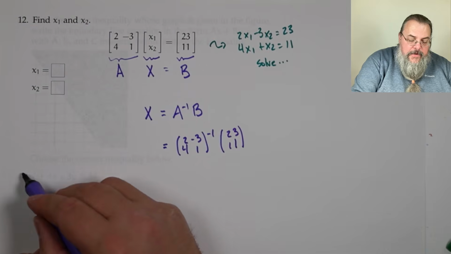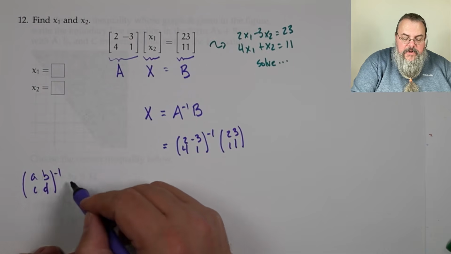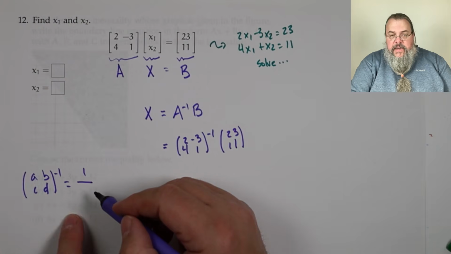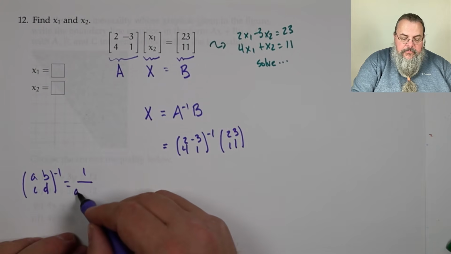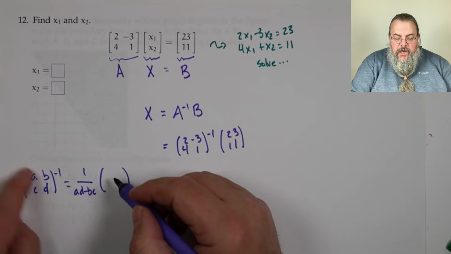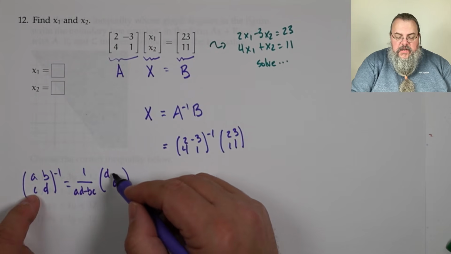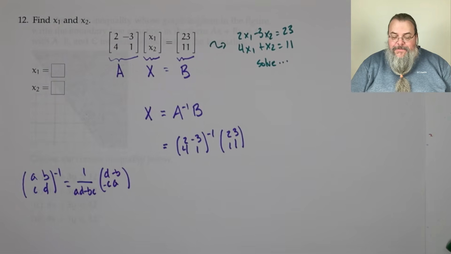If you have a 2 by 2 matrix, A, B, C, D, and you want to find the inverse, it's 1 over, you multiply diagonals, AD, subtract BC, and then you swap the main diagonals and you change the sign on the off diagonals. And that's it. That's the inverse.